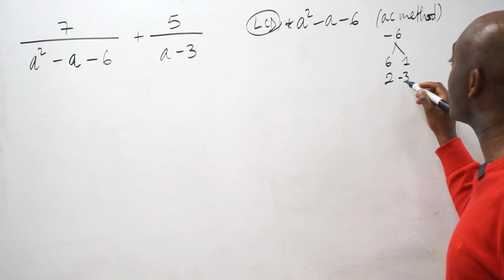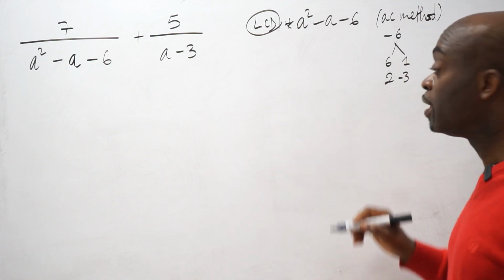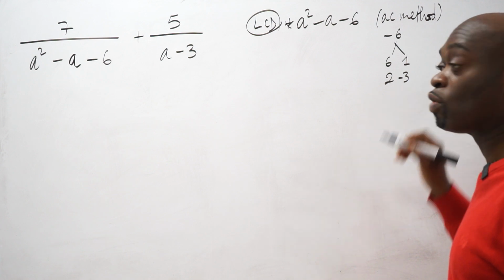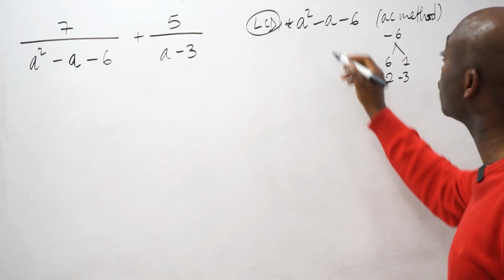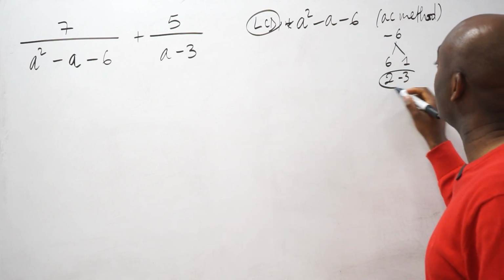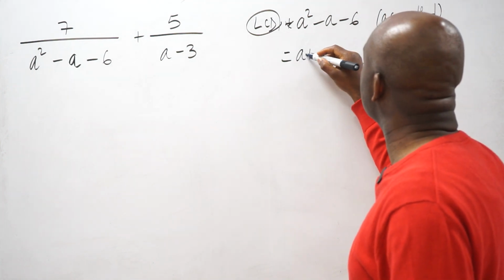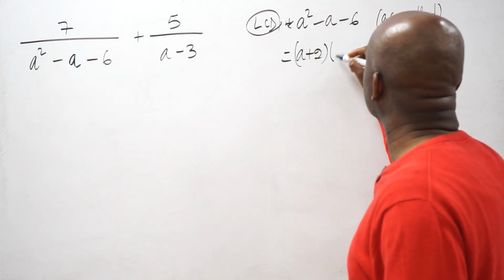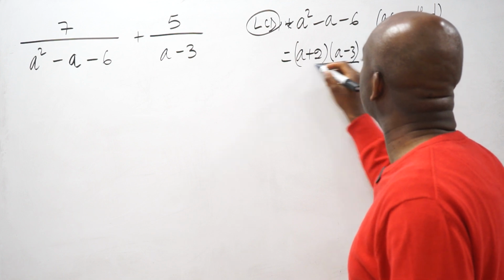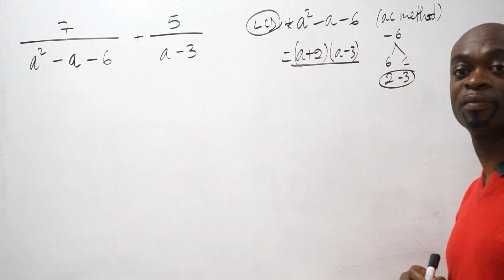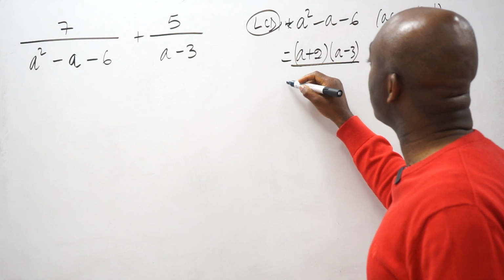Because +2 times -3 gives -6, and +2 minus 3 gives -1. Once you have these two, you're pretty much done. Meaning you have a plus 2 times a minus 3. That's it.